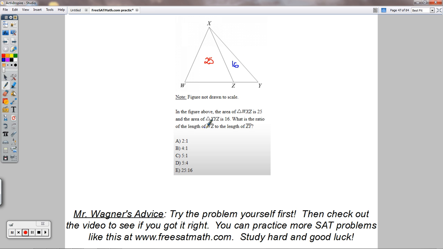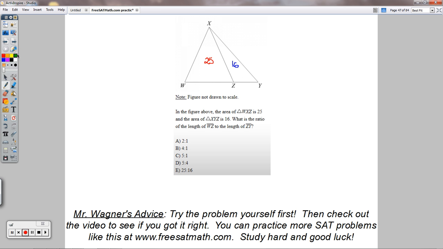What is the ratio of the length of WZ, the base for this triangle, and the length of ZY, the base of this triangle right here? So we're trying to find the ratio, the fraction of this length compared to that length.